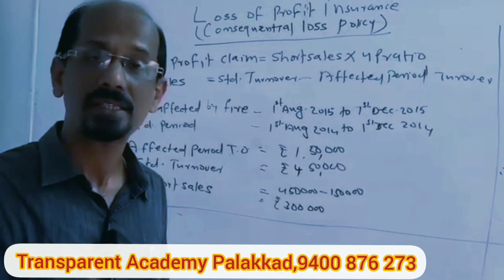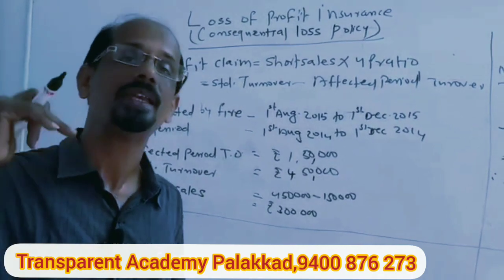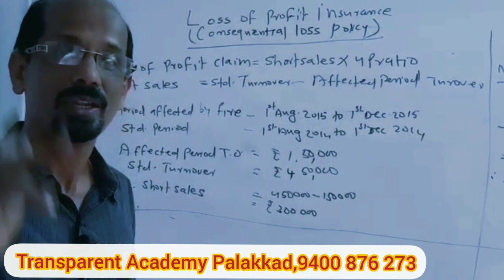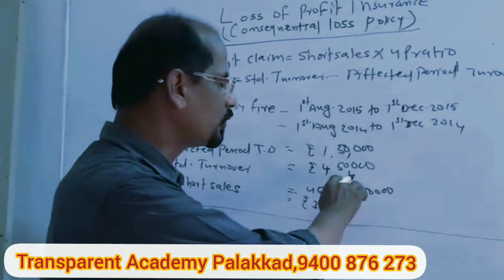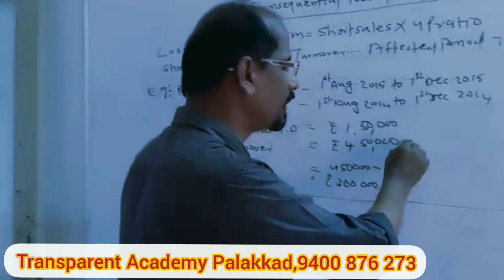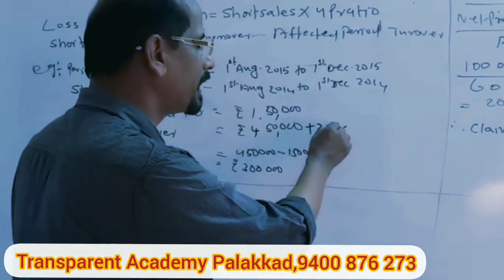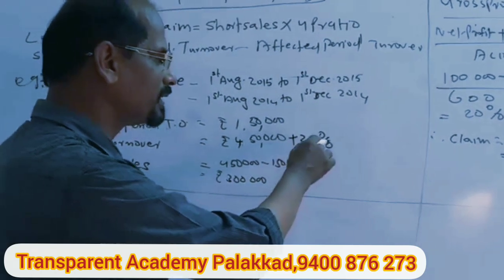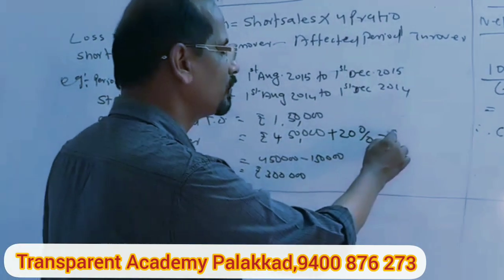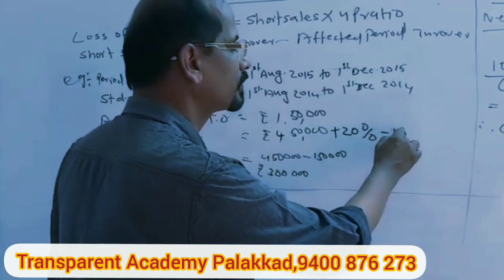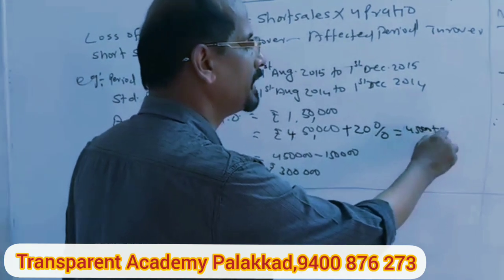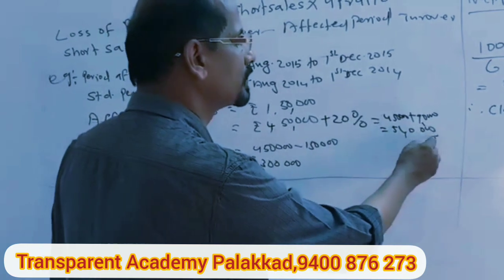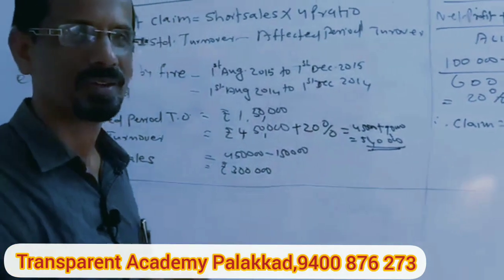So you expect a 20% increase in the standard turnover. The 4,50,000 will be increased by 20%, that is 4,50,000 plus 90,000, you get 5,40,000. This is the adjusted standard turnover.